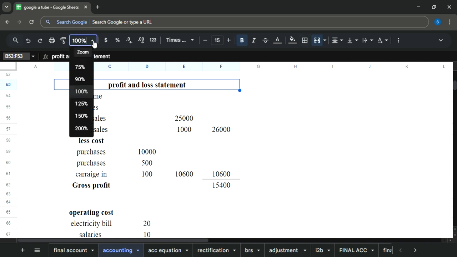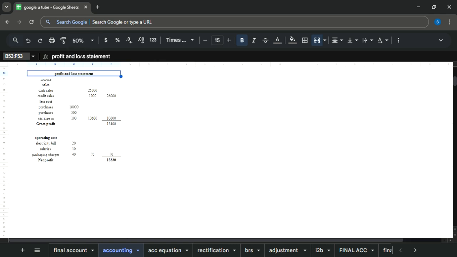I will show you by zooming it out, and here you can see this is very simple statement where you have calculated your profit. Simply what you will do, how much you have earned, and then you have seen how much direct expenses are. So profit which you have made through direct operation, that was 15,400, but without adjusting indirect expenses of the business you will not be able to get true picture.